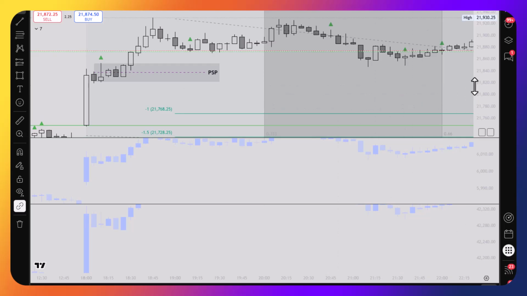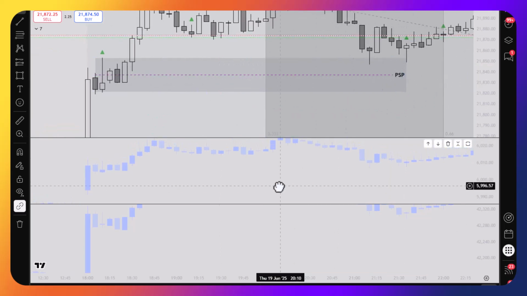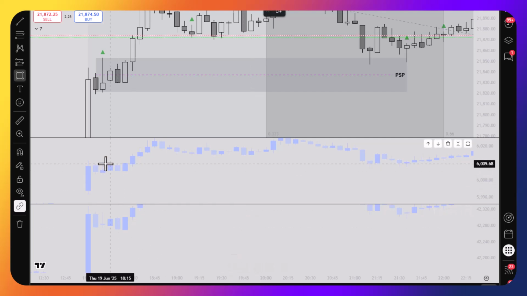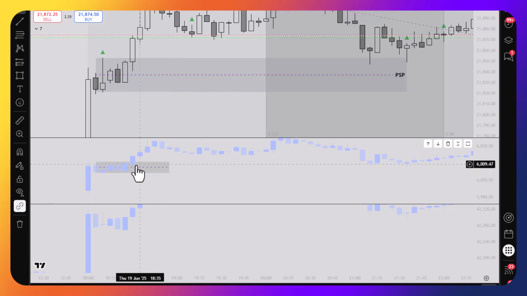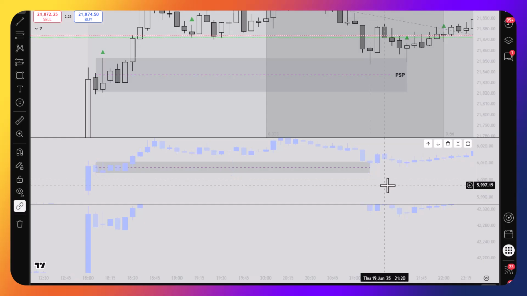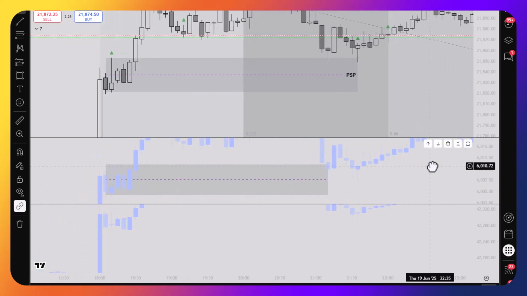I did take a long. I ended up taking a long on ES. On ES, if we highlight the same area, you're going to see it also overlaps an FVG to its right. There was an FVG here. When it came and retested here, I went in long and I got about 8 handles, or about 40 ticks.